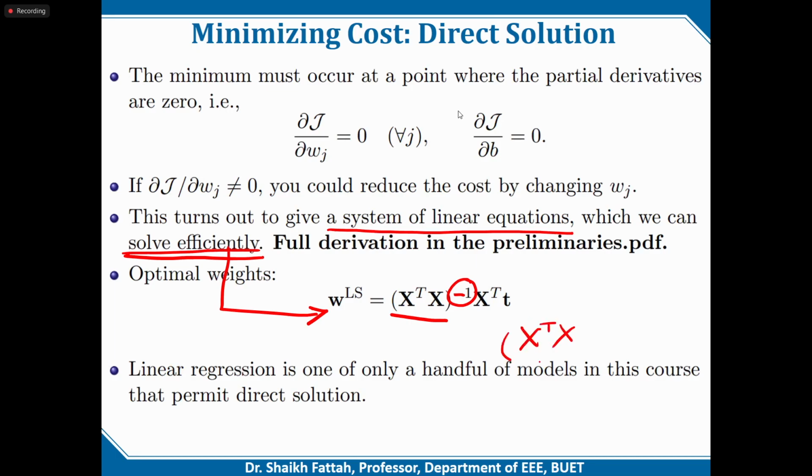Basically, X transpose X, you have to invert, and then again multiply by X transpose t. So this is the overall least square method of finding the weights.